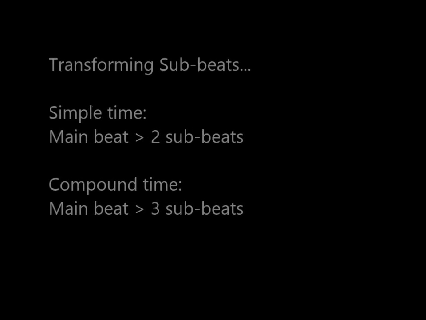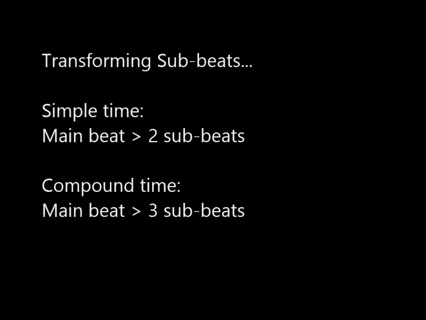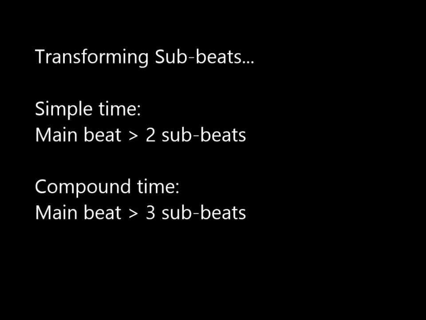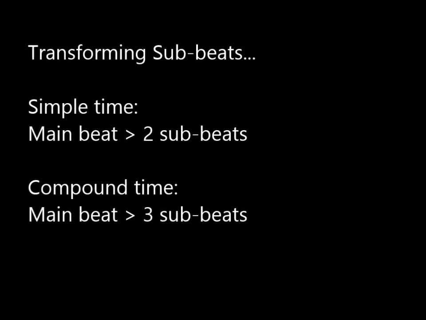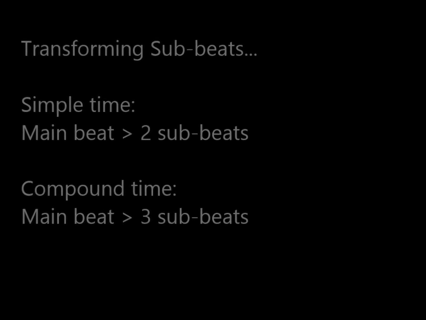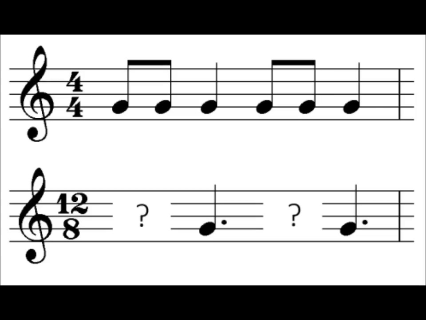Transforming subbeats requires a bit more thought. Remember that in simple time the main beat subdivides into 2, but in compound time it divides into 3. If you see 2 quavers in 4/4, for example, each one is exactly half a main beat.